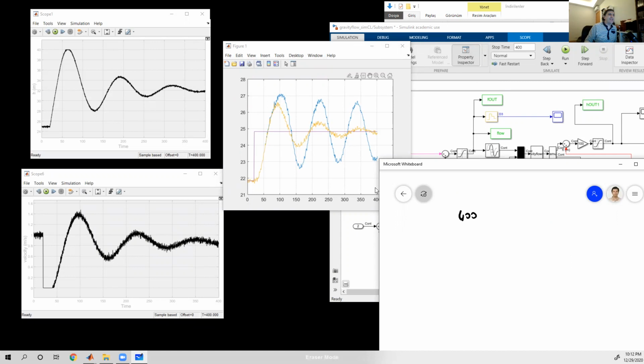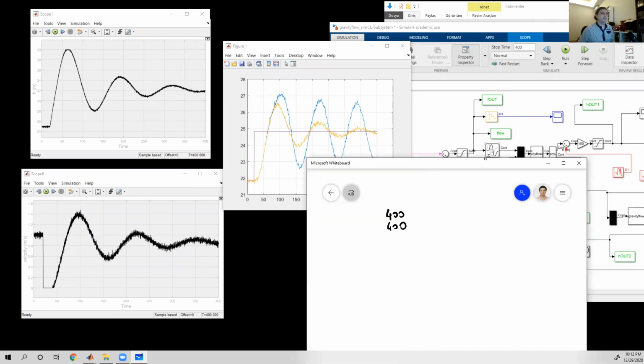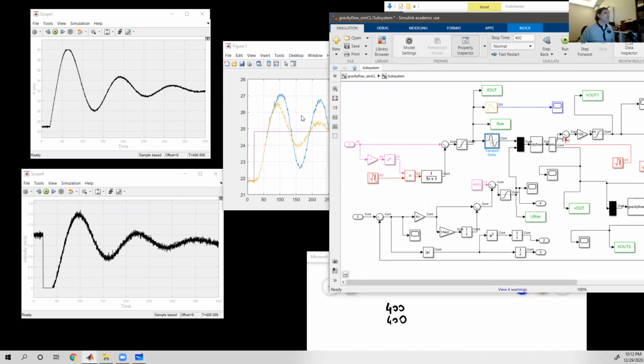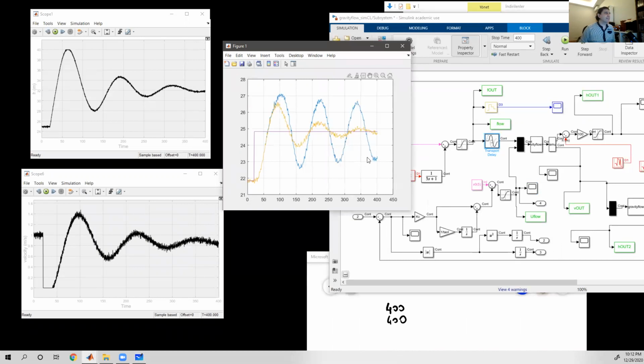Now I have done another simulation, another 400. I'll explain the reason, and the whole thing is going to be very important, as you are going to see at the end. Let me write these values. Okay, so the second tuning with smaller, less control gives a better result.